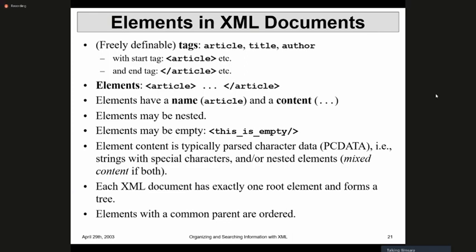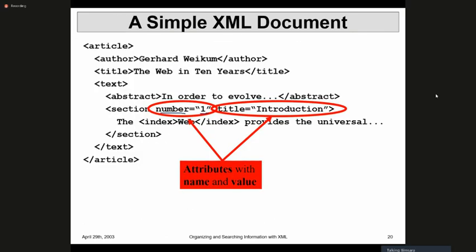Freely definable tags: article, title, author. Start with an opening tag, close with a closing tag, right? An XML element must start like this and end like this. So this is a complete element. This, from here to here, is one element. This is one element.